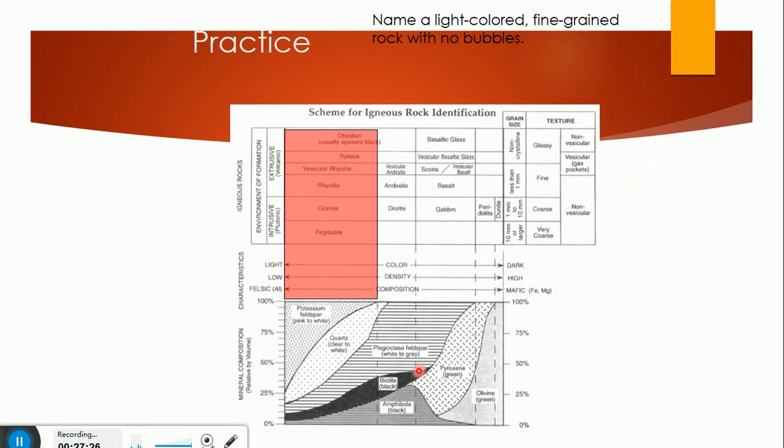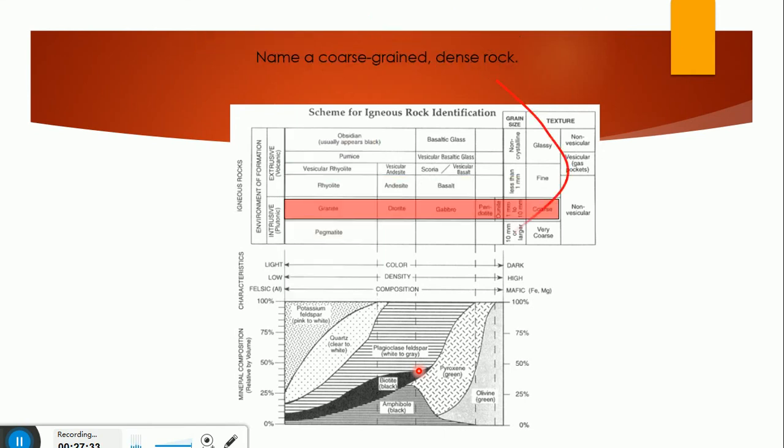For fine grain rock also practice, you can calculate from this graph easily. Granite: take a screenshot of this graph and practice on your paper for the GSI and other written exams.